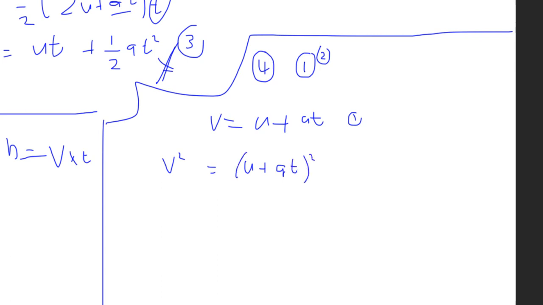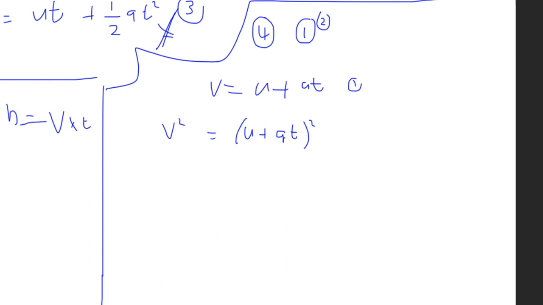Now mind you, when we square the equation, if it only has one variable, one individual term at one side, we can just square it like this. But when we have two variables, we can't just use u square plus a square t square. It doesn't work like that.